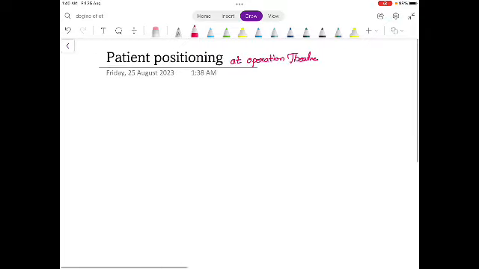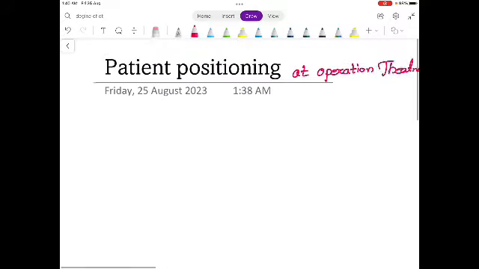Operation Theatre. So after a patient came into the OT, right?